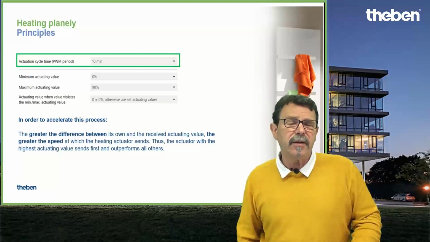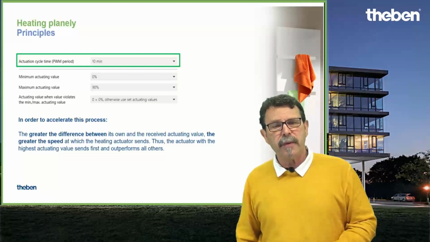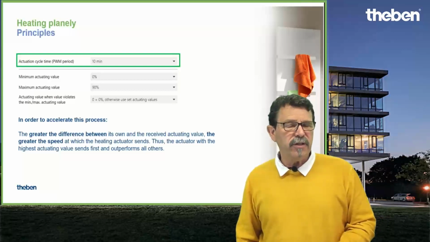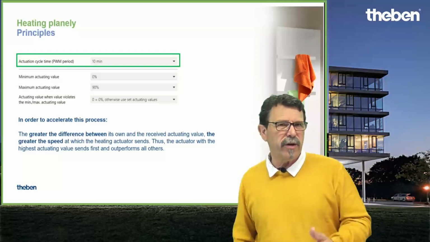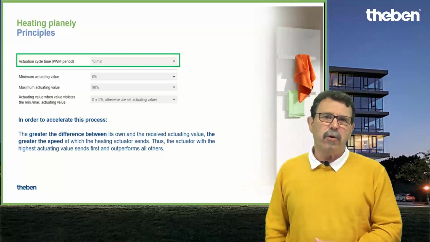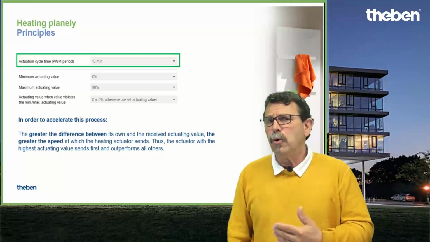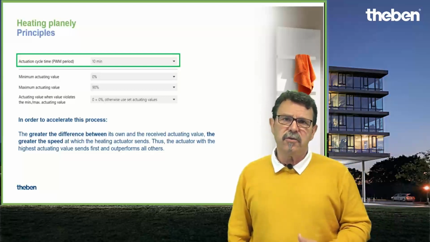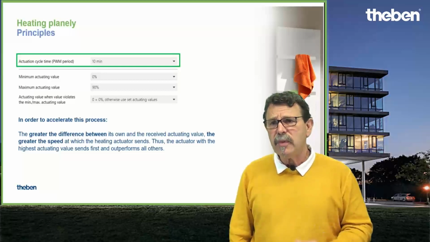Another question is, what kind of control command is to be recommended for the different heating systems? For underfloor heating, what is to be recommended? When we talk about heating actuators or heating systems like radiators, what is the best control command to control it really precisely, accurately and energy efficiently?